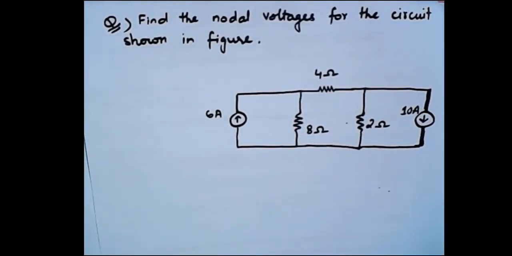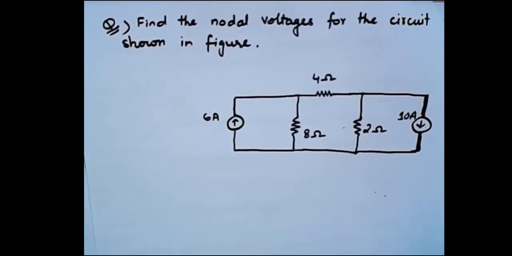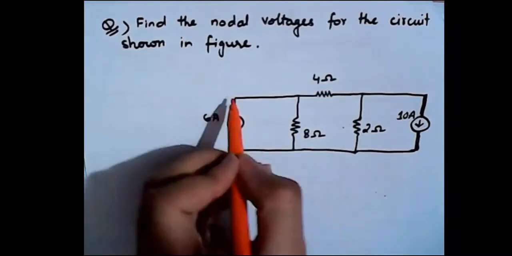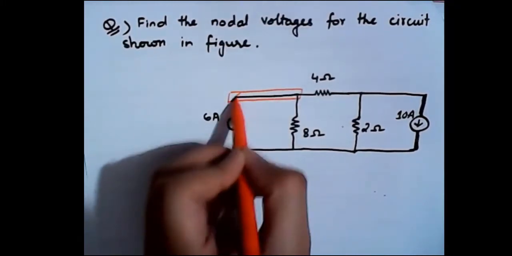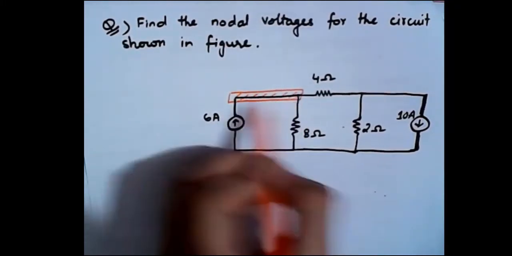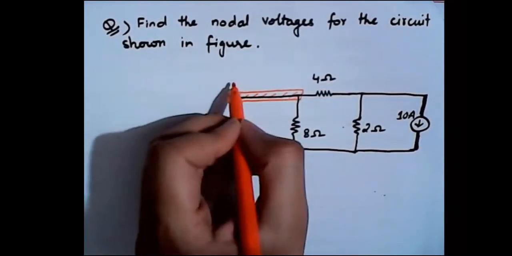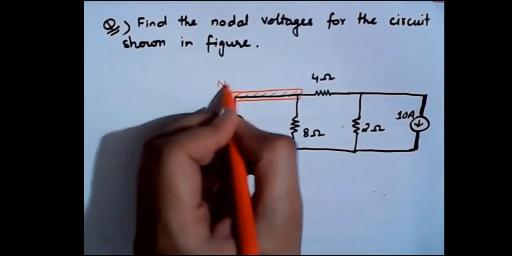So here you can see that the first step in solving any circuit by nodal analysis technique is to identify the nodes in the system. So here this will be regarded as a single node. Why? Because there is a short circuit between these 2 points, so this will be taken as a single node.